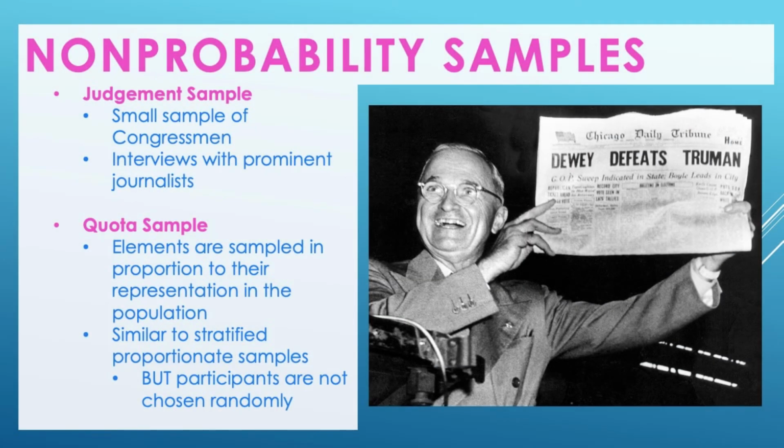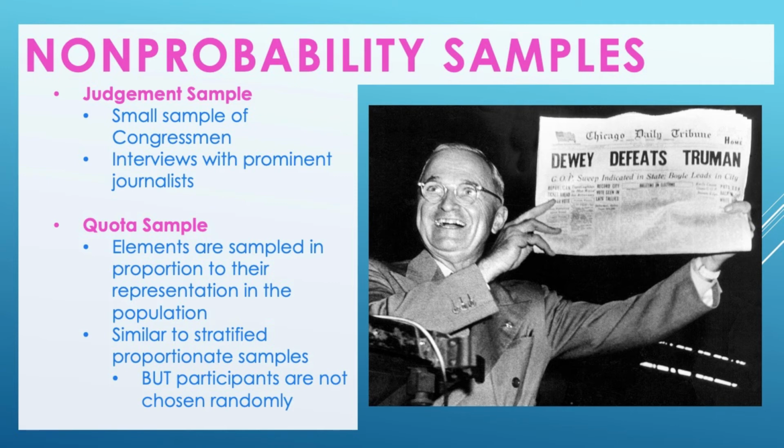There's 2 types of non-probability samples that I'd like you to be aware of. First is a judgment sample. So here the researcher is simply making a judgment of who they are going to include in their sample. So generally, you see some research done where people will interview a small number of congressmen.